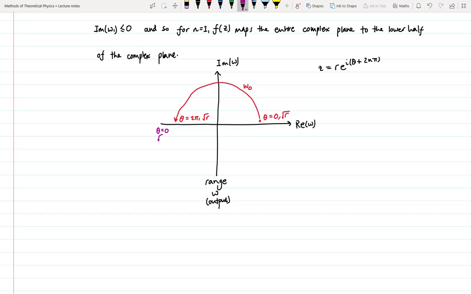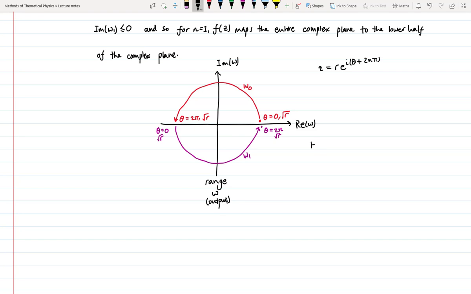Again, this will be described by a semicircle in the lower half complex plane, whose radius is given by the square root of r. I'll note over here that theta equals 2 pi. The modulus is still the square root of r, and this is what w1 does.